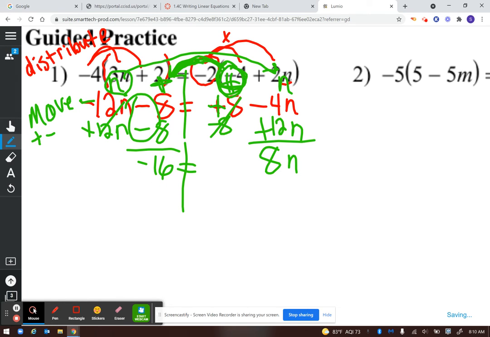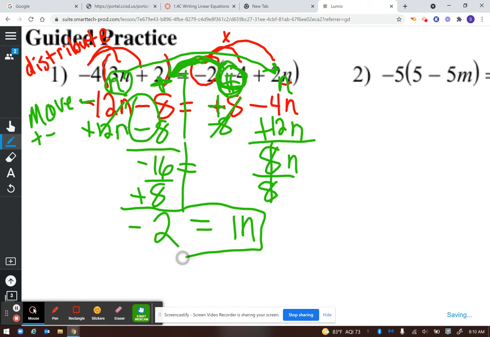So 8n is equal to negative 16. Divide by 8. 1n is equal to negative 16 divided by positive 8, which is negative 2. So one single n is equal to negative 2.